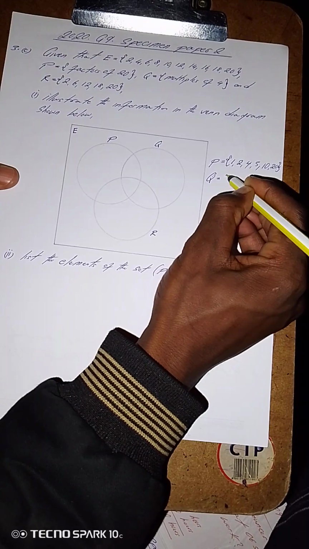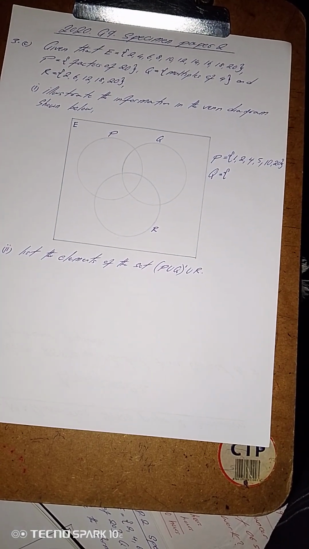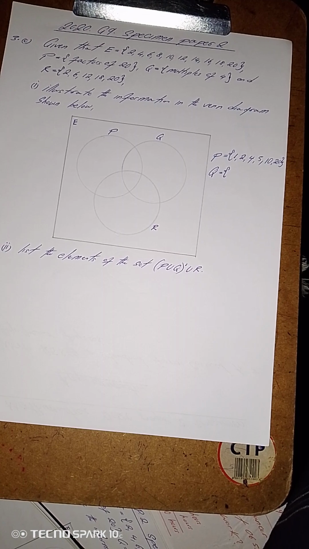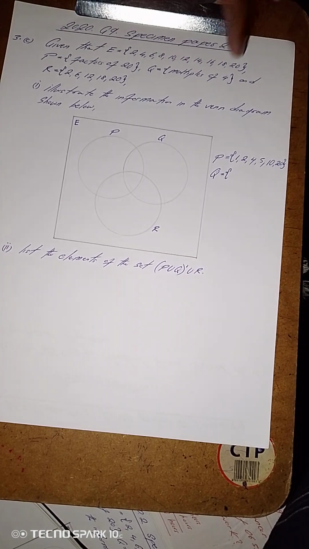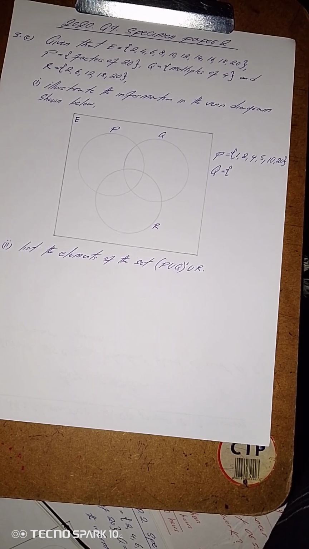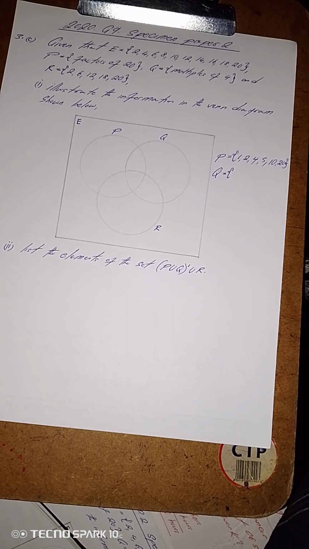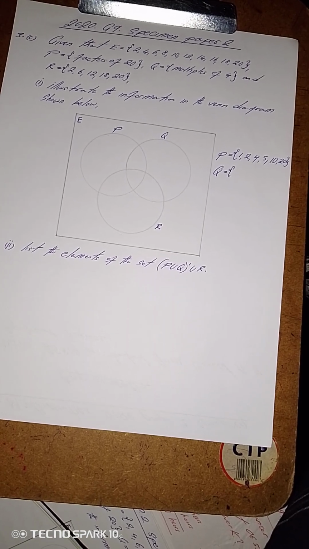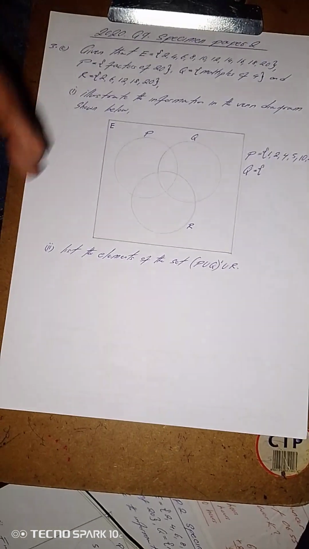The other one is Q. They are saying multiples. So you need to differentiate factors and multiples. In this case we have multiples of 4. Multiples are numbers where 4 can go in without leaving a remainder. The first multiple is 4.